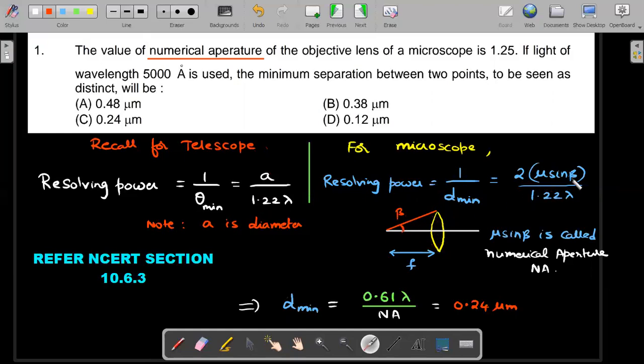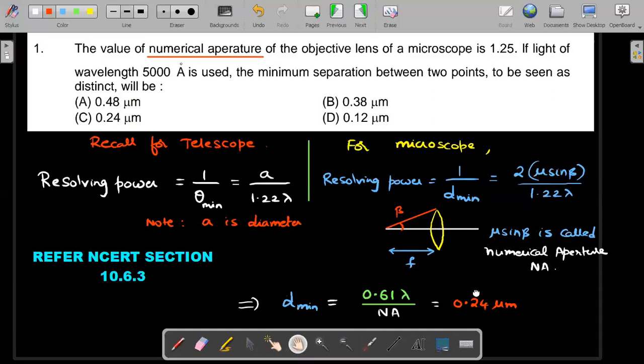This half angle is written in that formula, whereas mu is the refractive index of the oil with which the entire tube of the microscope is filled. So this mu sine beta, which does the duty of an aperture diameter, is called numerical aperture. You can see in the name also, it's like an aperture, but it's a number. So that's the story behind calling it numerical aperture.